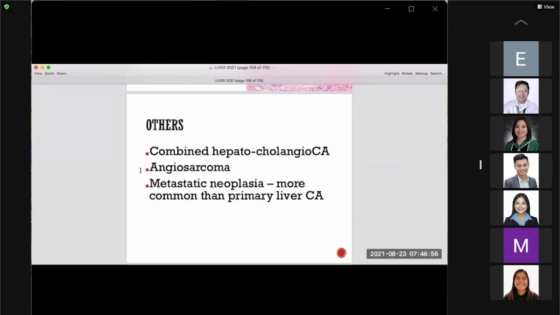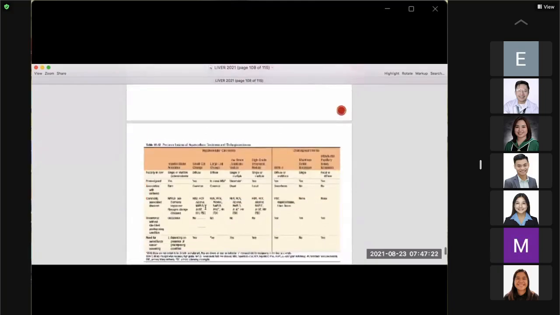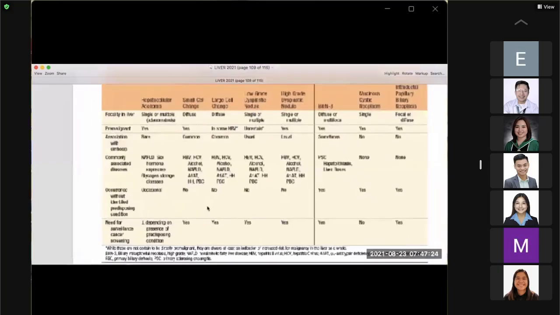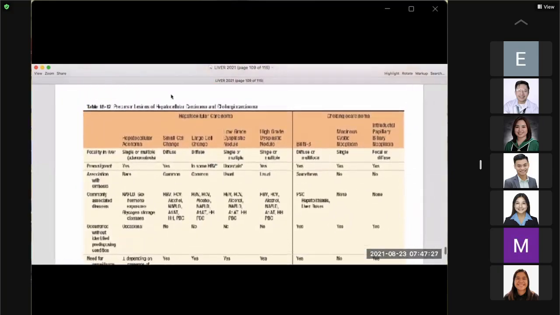There can also be vascular channel tumors in the form of angiosarcoma, okay, and then there are also, as I've mentioned, more common than primary liver carcinoma, metastatic malignancies, metastatic neoplasia.